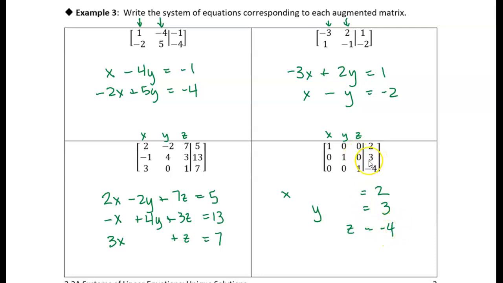So basically the matrix in this form is giving us a solution. It's telling us that x is equal to 2, y is equal to 3, and z is equal to -4. Okay, so that's why a matrix in this form is our end goal, right? Because it tells us our solution.